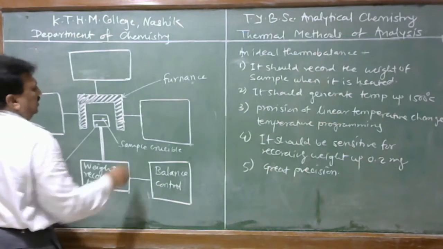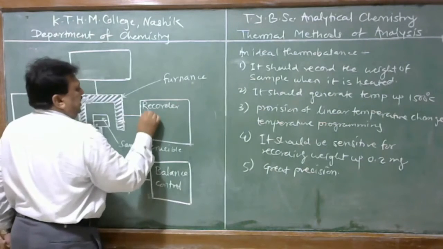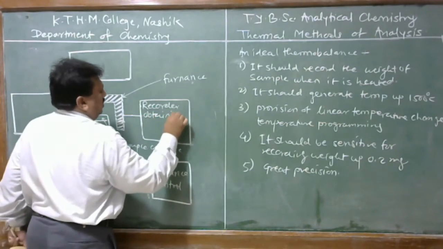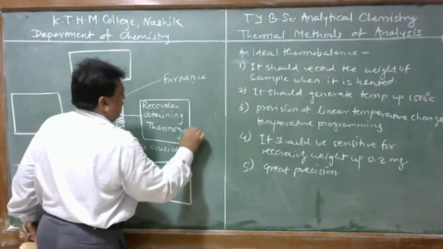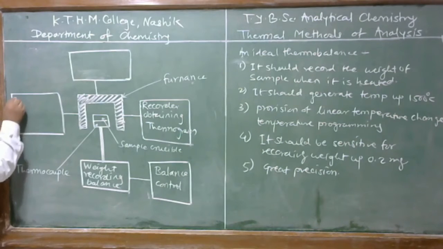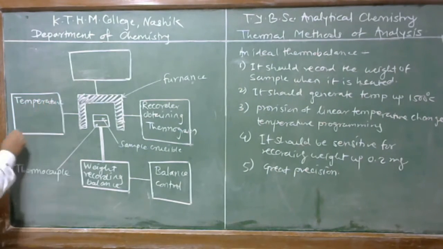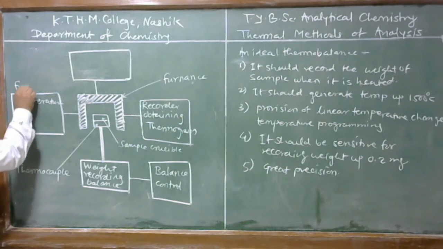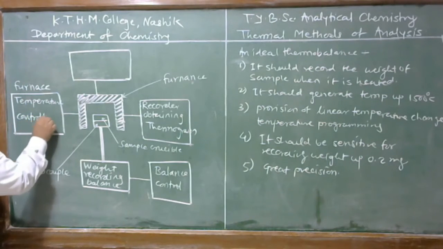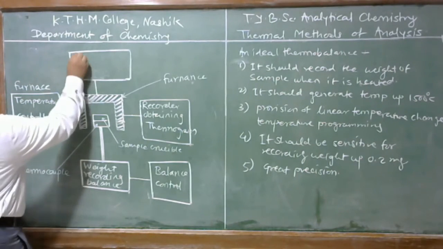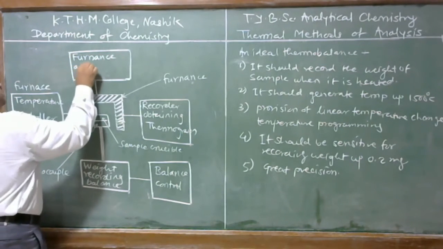Here is the recorder for obtaining the thermogram. This is a temperature controller, that is the furnace temperature controller, and this is a furnace atmosphere controller.